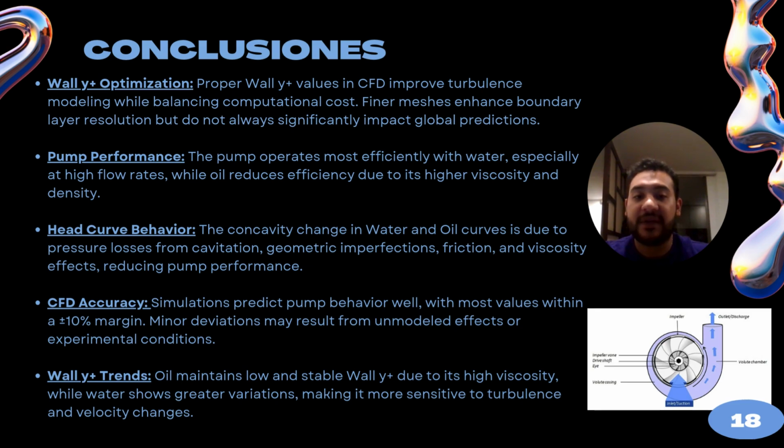Overall, CFD simulations accurately predict pump performance within a 10% margin, with minor deviations due to unmodeled factors. Additionally, oil maintains stable, low wall Y plus values due to its high viscosity, while water shows more variation, making it more sensitive to turbulence.